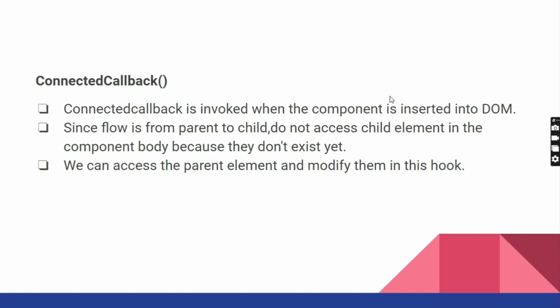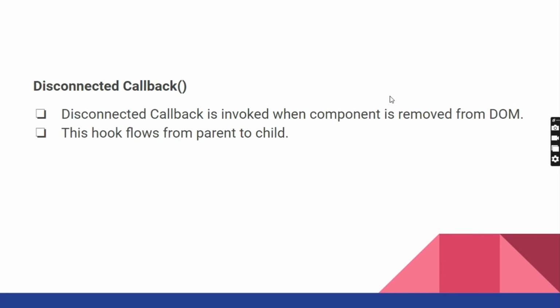Since the flow is from parent to child, again we cannot access the child element over here. However, we can access the parent element in the child component. Next one is disconnectedCallback. DisconnectedCallback is invoked when the component is removed from the DOM, and this hook flows from parent to child.